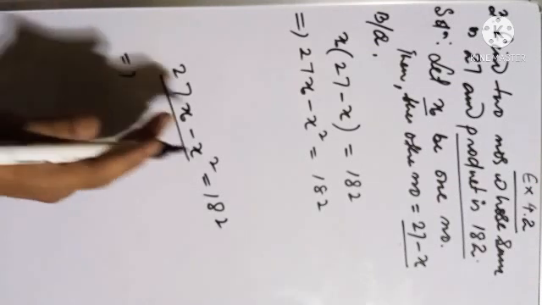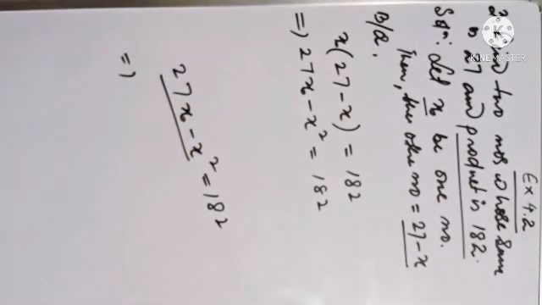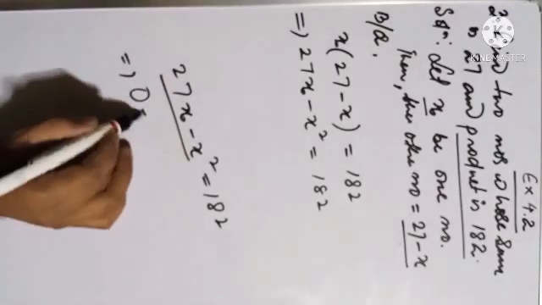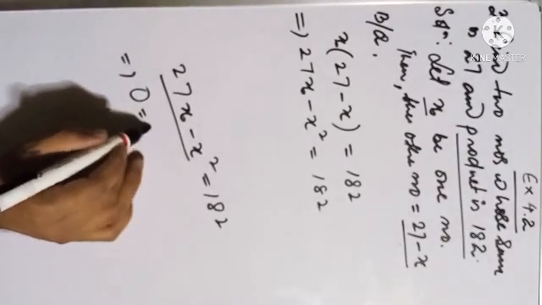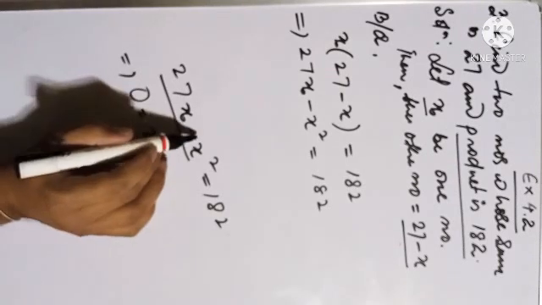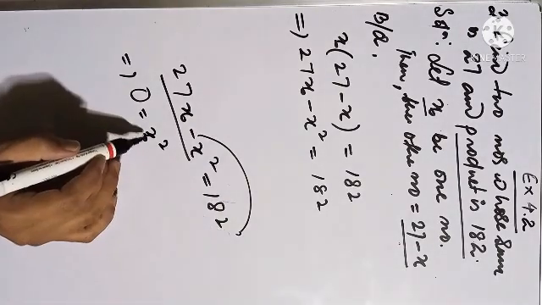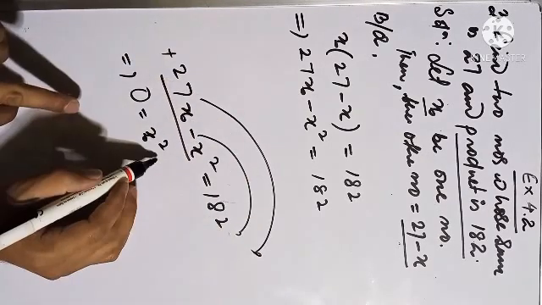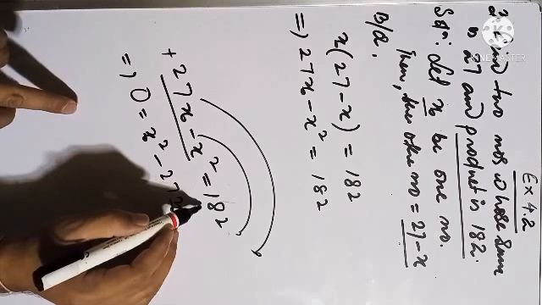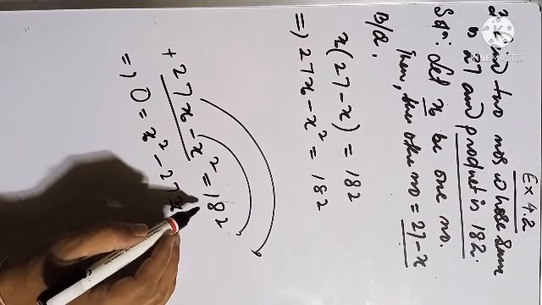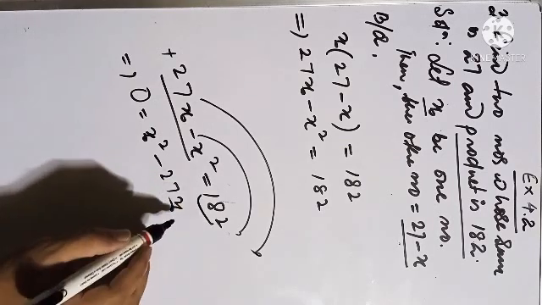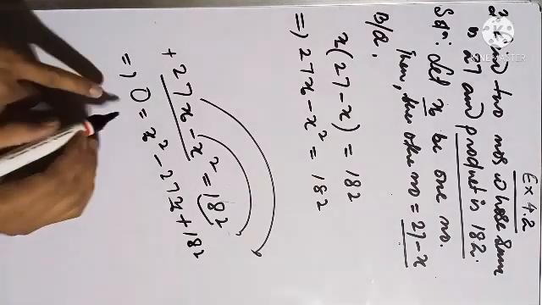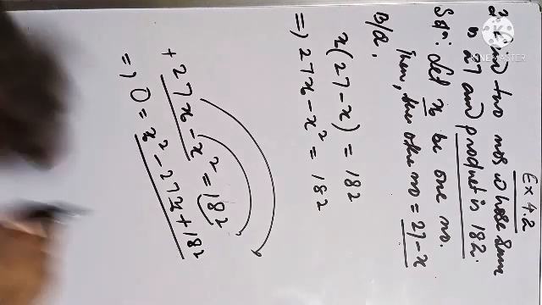If these two terms go to the right hand side, we'll have 0 on the left hand side. x square: negative becomes positive, so plus x square. 27x, the sign is positive, so when it goes there it becomes minus 27x. The constant term 182 was plus already, so 0 equals x square minus 27x plus 182.